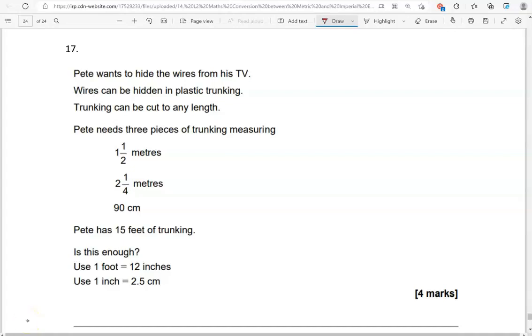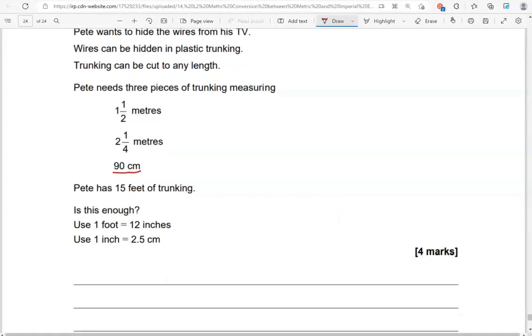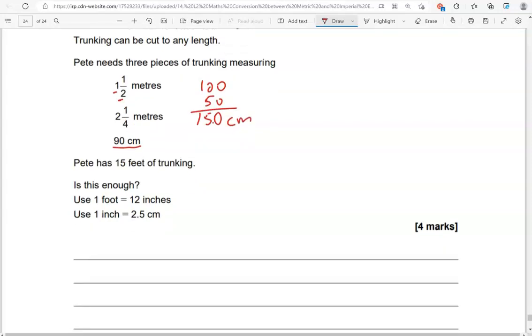So we need to convert from centimeters into inches and then into feet. But only 90 is in centimeters. The other two are in meters. So we know that in 1 meter there are 100 centimeters. So 1.5 meters will be 150 centimeters. 2.25, so 2 is 200 centimeters.